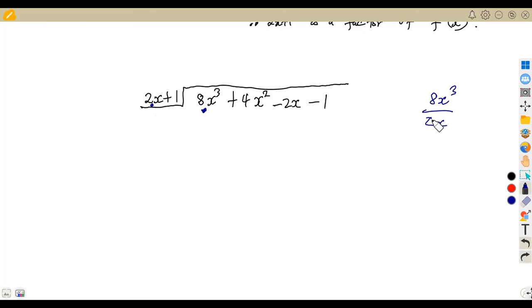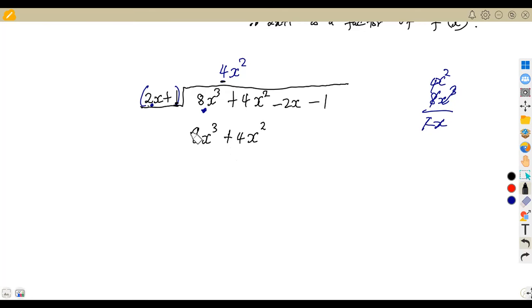Then we multiply: 4x squared times 2x is 8x cubed, and 4x squared times 1 is 4x squared, because there is a 1 here.